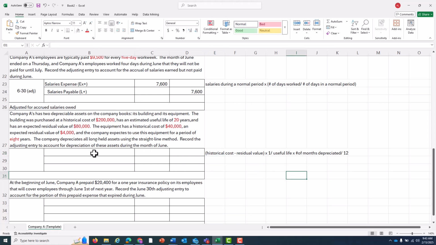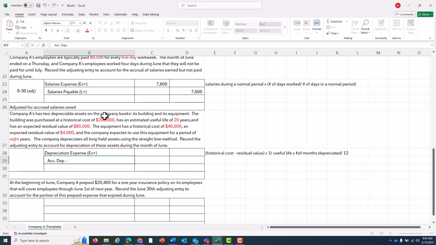So the setup for this is going to record a depreciation expense. We'll start with a debit to that account, but I don't have the number yet. We're going to need not 1 but 2 credits because we have 2 different types of depreciable assets. And they're going to go to our accumulated depreciation accounts, which you can abbreviate to ACDEP.